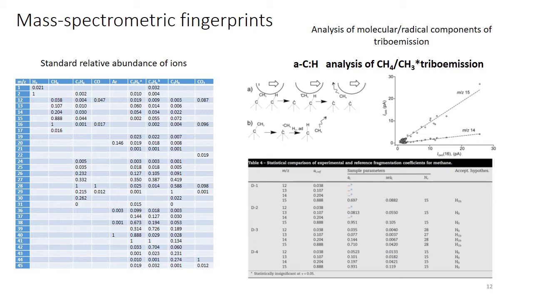Well, first of all, how can we use this mass spectra for analyzing if there is some emission of radicals in the presence of radicals in the main gas? For example, in this case, this is a study of emission of gases from hydrogenated amorphous carbon, where the peak of methane was quite intensive.